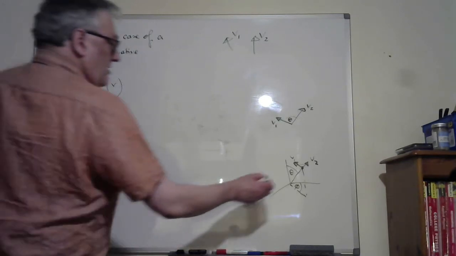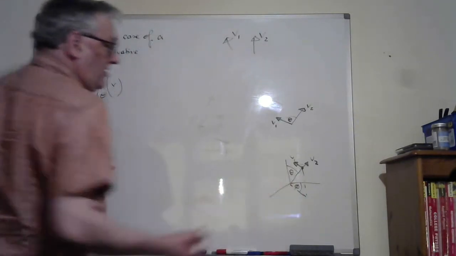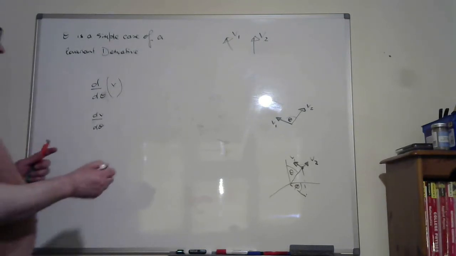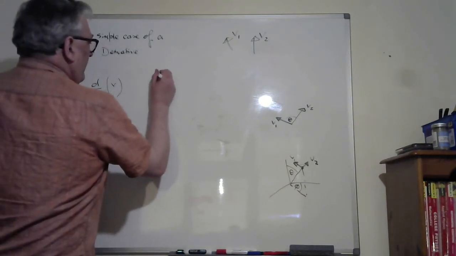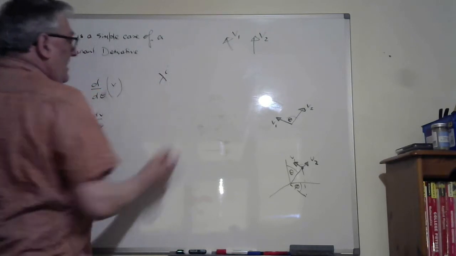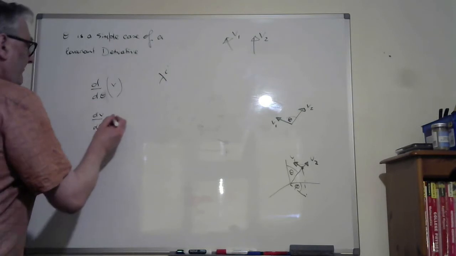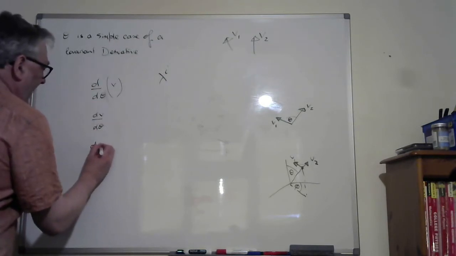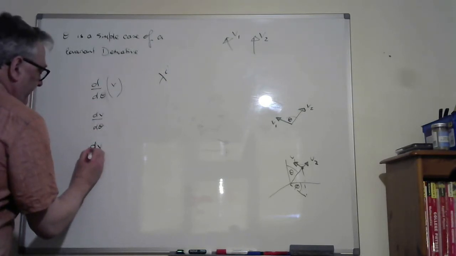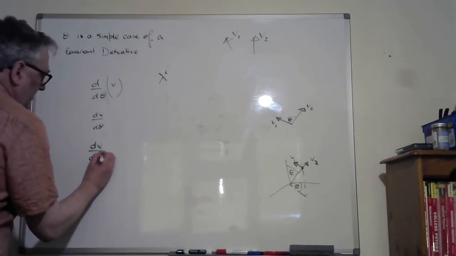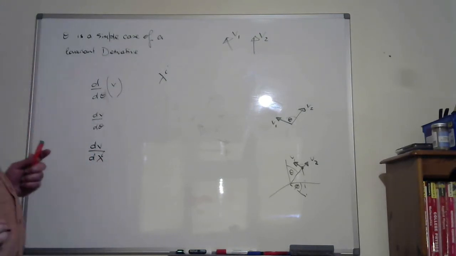And so all these thetas, phis, u1s, u2s, x1s, x2s, we give the name lambda I, lambda superscript I. So in actual fact, we can write the covariant derivative as dv by d lambda superscript I.